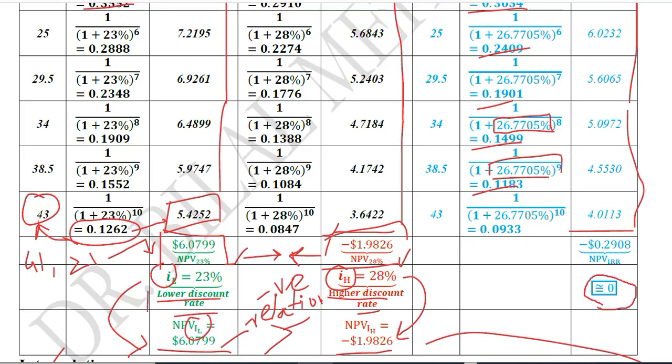We can say that it is nearly equal to 0, but not precisely equal to 0. This is the NPV at IRR. That's where the problem or limitation of IRR arises, one of them: when we are trying to use this interpolation formula, it is leading us to an NPV which is very close to 0 but not exactly 0. We will unravel this in the next part of this video.